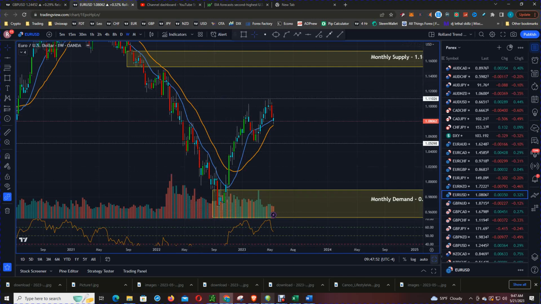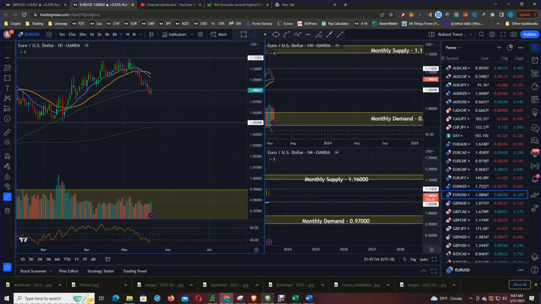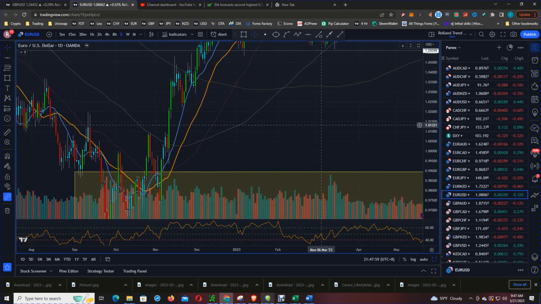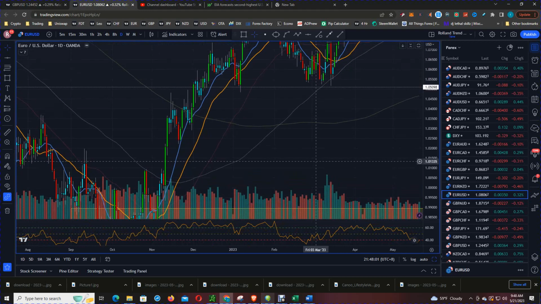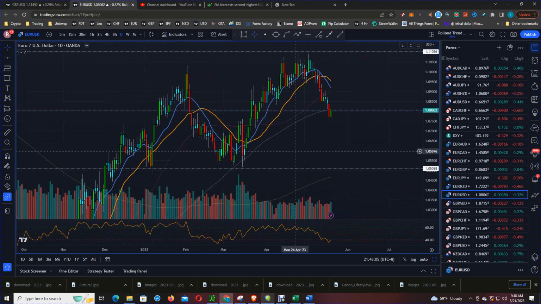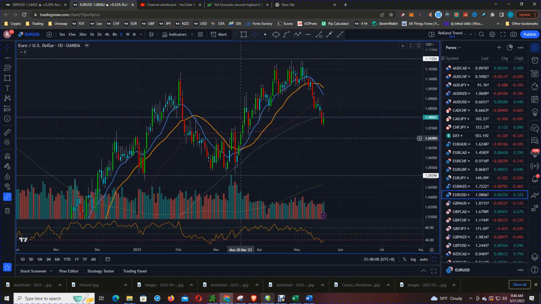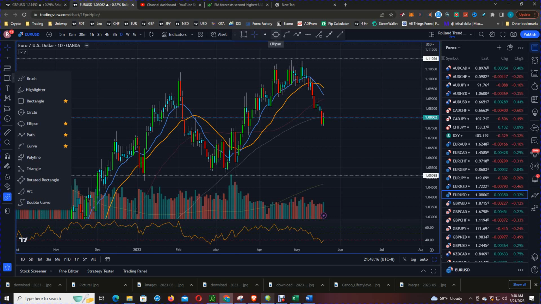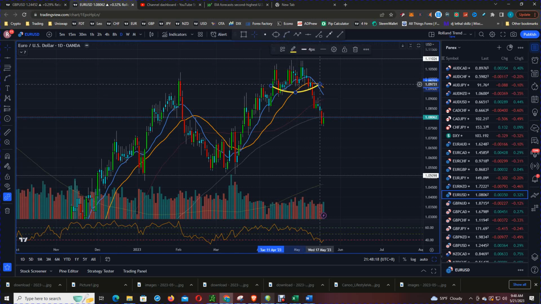All right, let's go down to the daily chart. We can see that price is turning. So at the moment, the momentum is to the downside.